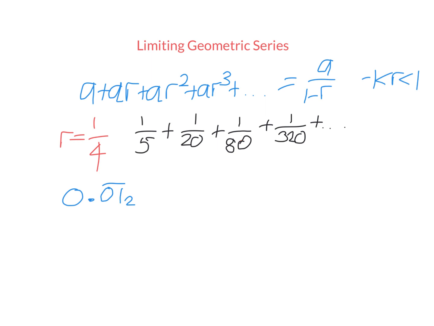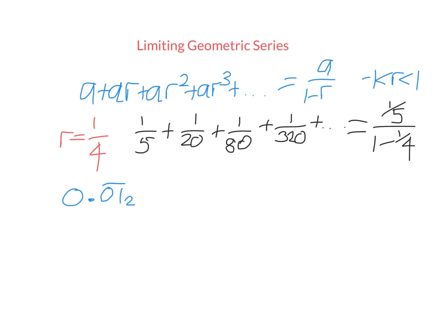So because the common ratio, because the thing by which I'm multiplying each term, is between -1 and 1, even if I add infinitely many of these terms, the sum just won't keep getting bigger and bigger. It will actually reach a limit. That limit is a, which is the first term, divided by 1 minus r, which is the common ratio.